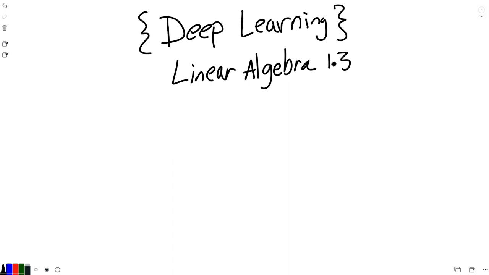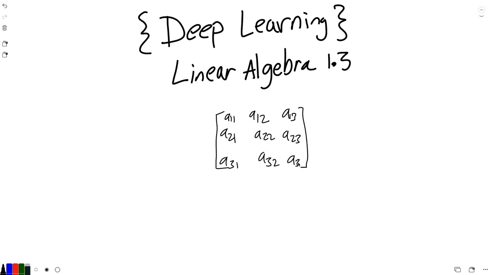In the first session we saw already how to perform vector transpose, but what about matrix transpose? So in general, if we have a matrix with A11, A12, A13 and so on, let us assume only 3 elements here, so here we have A21, A22 and A23, A31, A32, A33.